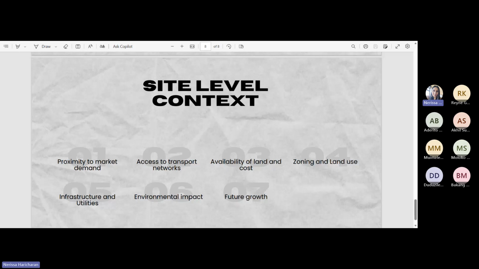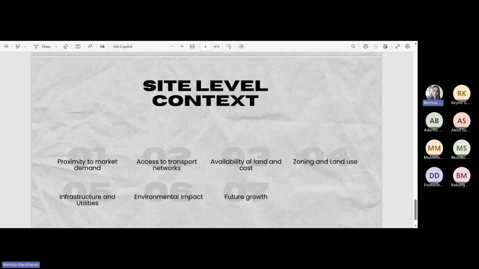And then future growth. A lot of the times when you're looking at it from a site level perspective, it includes planning for future expansion: how can the facility accommodate growth and changing market conditions? If your demand increases, your supply is going to increase. Can they then adapt for that?